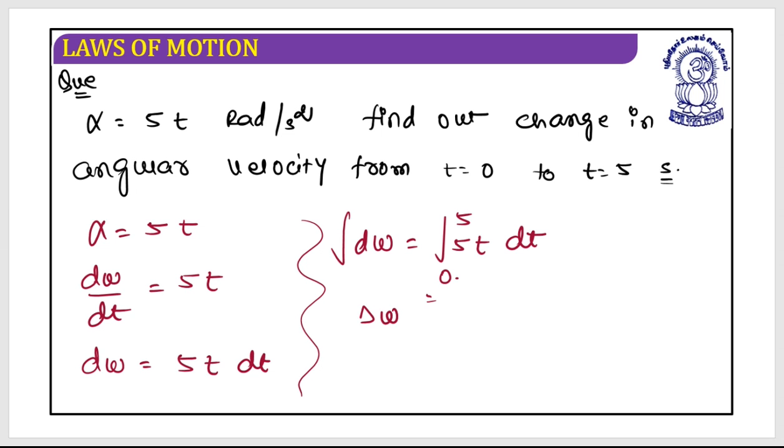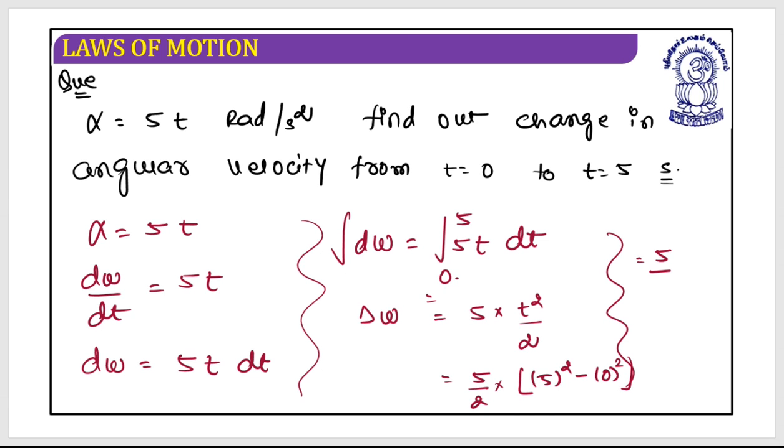So delta omega should be equal to 5 into t square by 2, that is 5 by 2 multiplied by 5 square minus 0 square. So that is 5 by 2 multiplied by 25, which is 125 by 2 radian per second.